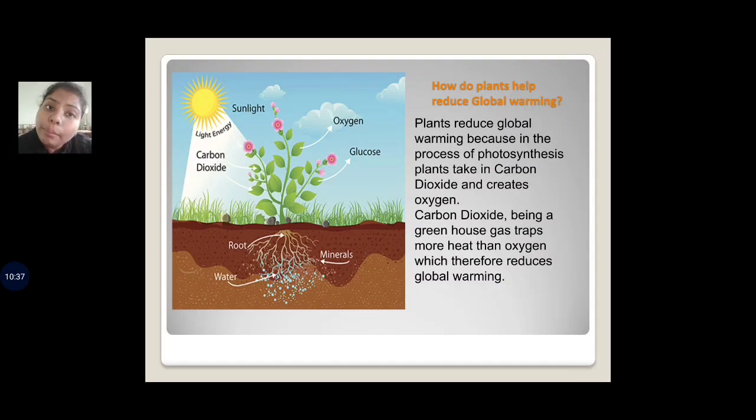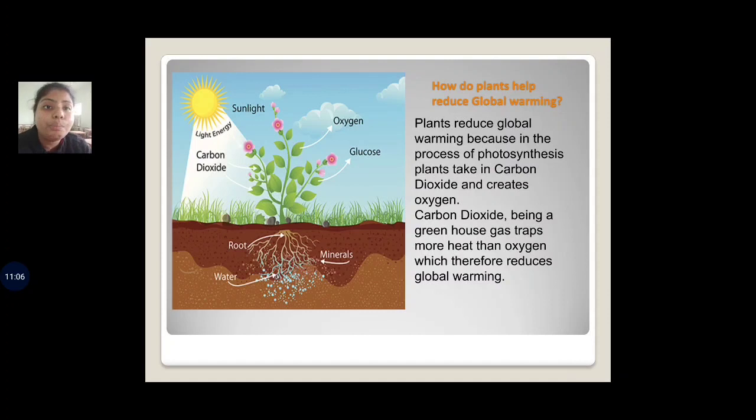Also, when they perform photosynthesis, they will absorb as much carbon dioxide as possible and obtain food. We will get plant products rich in starch, and at the same time the CO2 level will be controlled.